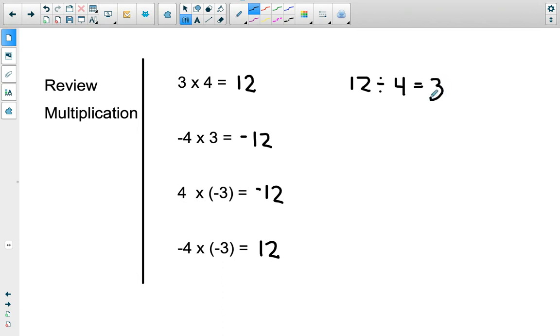Well, let's do that for the rest of them. I have negative 12 divided by 3, which will give me negative 4.